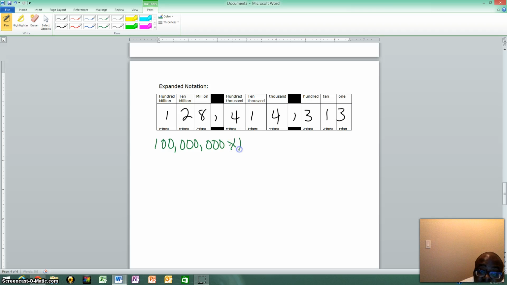We only have one. That's going to give us 100 million. So we look at the 10 millions digit. So we have 10 million. And how many 10 millions do we have? 2. And that's going to give us 20 million.